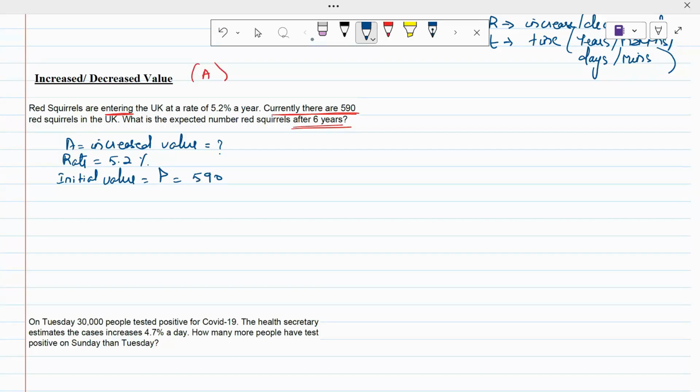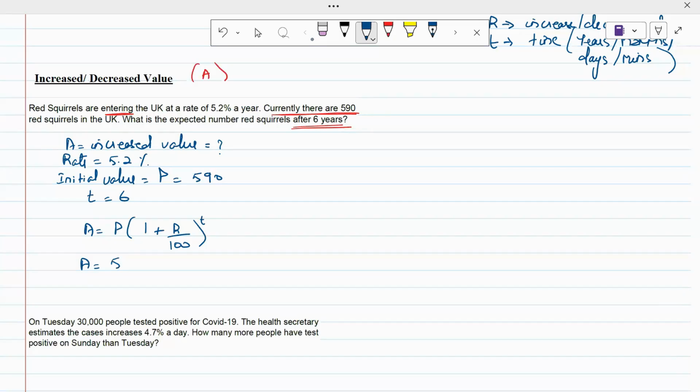We have to find the expected red squirrels after 6 years, so the time is 6 years. Making use of the formula, A is equal to P into 1 plus R upon 100, whole power T. A, the increased value, is to be found.